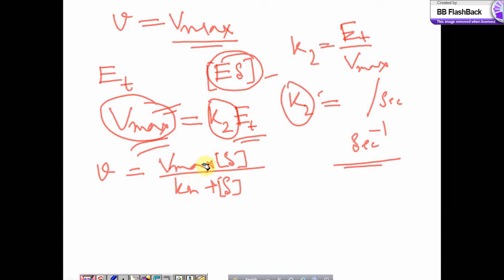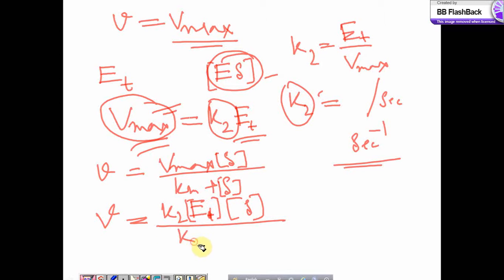We know that Vmax is K2 ET, so we can replace Vmax with K2 into the total enzyme concentration. V equals K2 into the enzyme concentration, into S, by Km plus S.